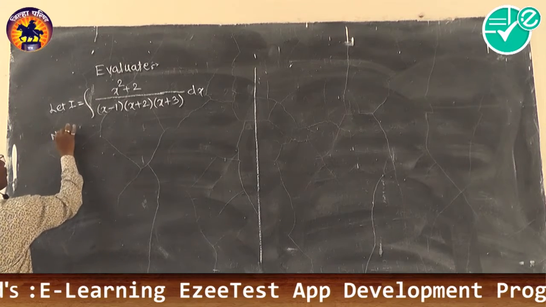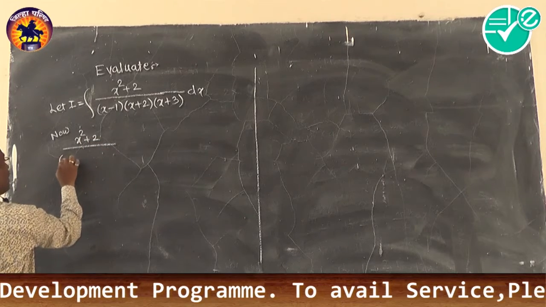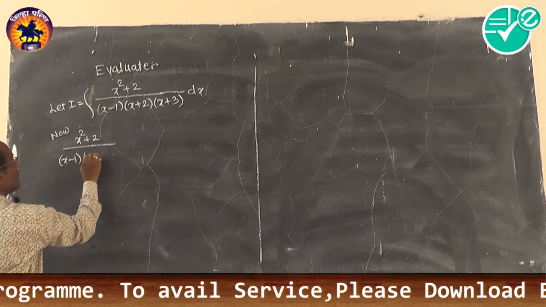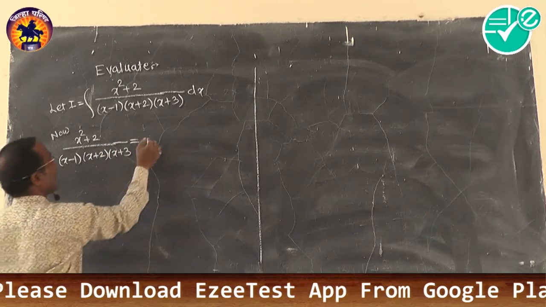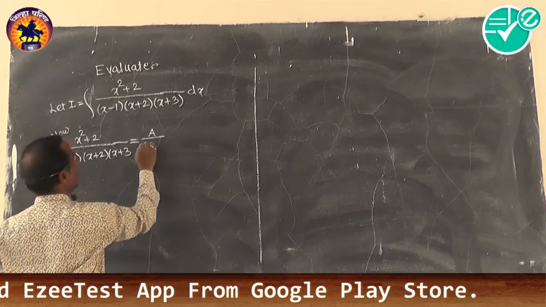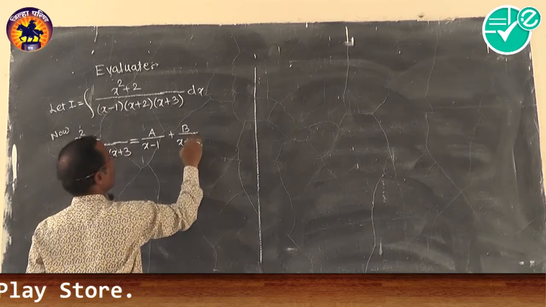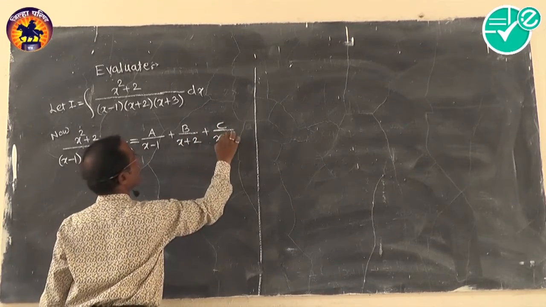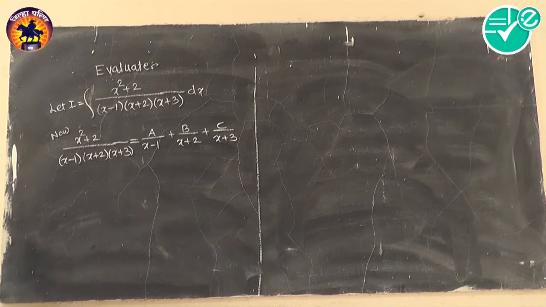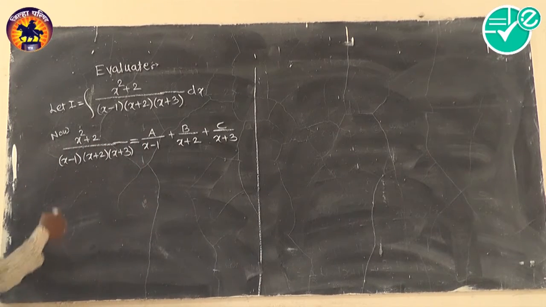Now (x square plus 2) divided by (x minus 1) into (x plus 2) into (x plus 3) can be written as A divided by (x minus 1) plus B divided by (x plus 2) plus C divided by (x plus 3). We want to find the values of A, B, C by using the direct method also. But we find them here by the previous method.